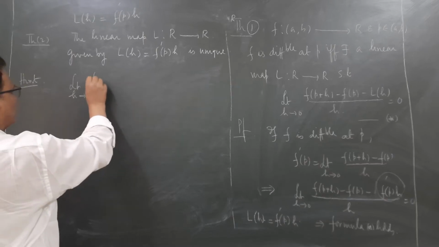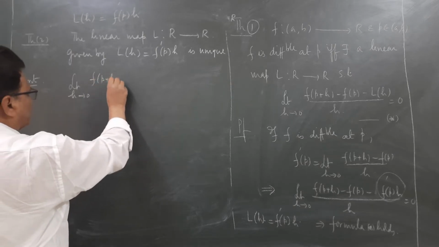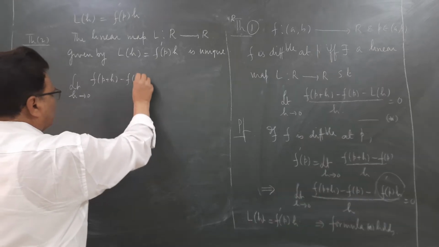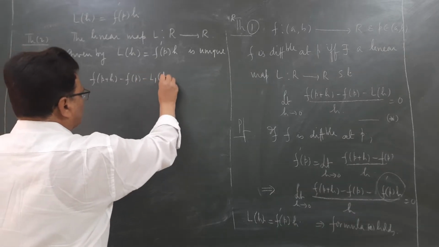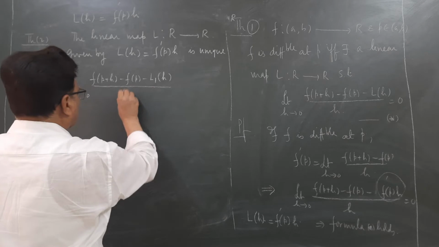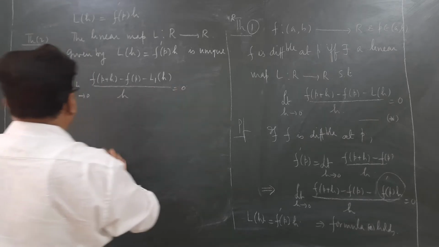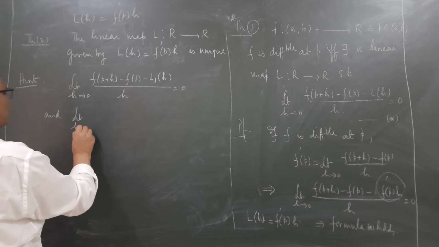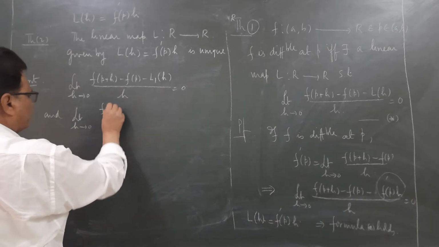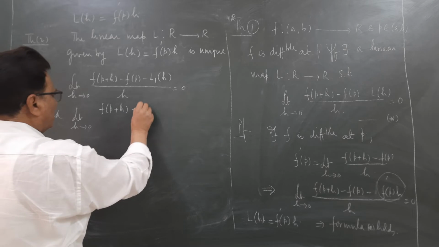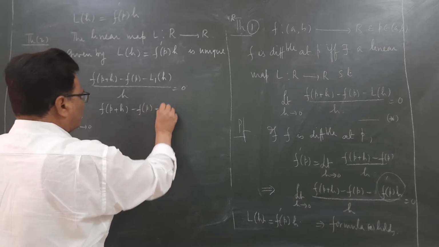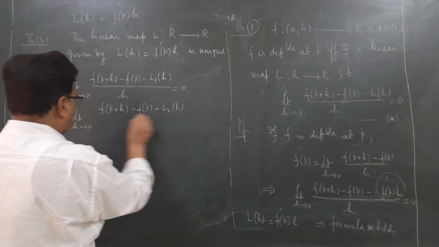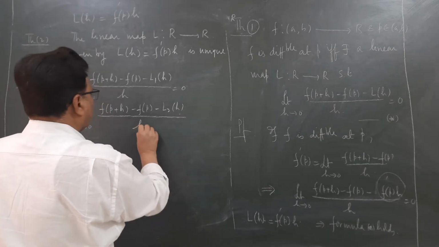then I will have limit h tends to 0, (f(p+h) - f(p) - L1(h)) upon h equal to 0, and limit h tends to 0, (f(p+h) - f(p) - L2(h)) upon h equal to 0.